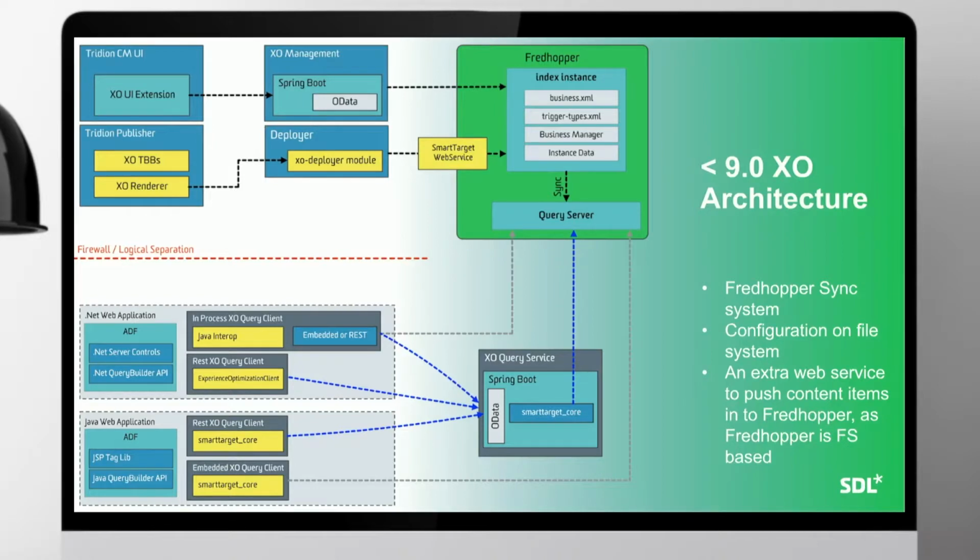And that part is basically handled by putting some EXO TPPs on your component templates, which, if you publish those component presentations out, a special publishing renderer, or a templating renderer actually, would push out the data to the deployer, where you had an EXO deployer module, which then used a Smart Target web service to store that same data into Fredhopper.